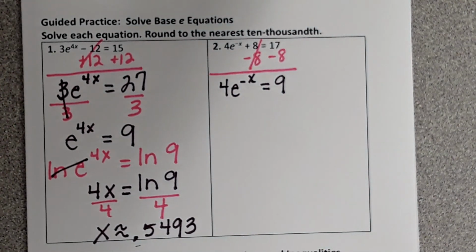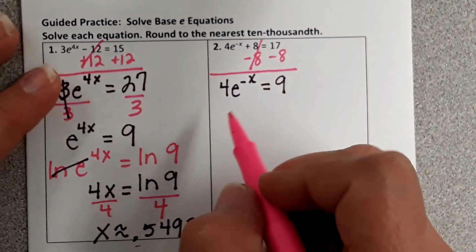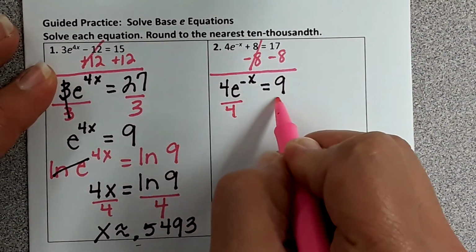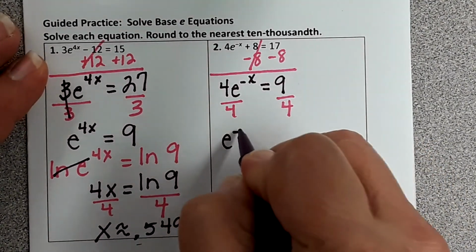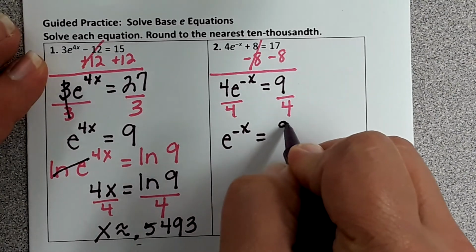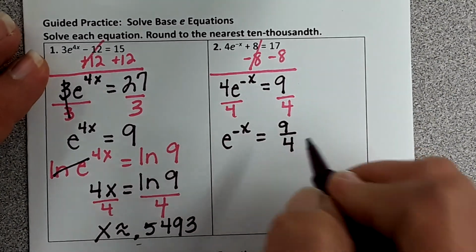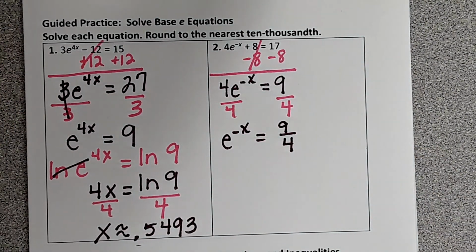Is my e isolated yet? So now what do I need to do? We're going to divide by 4. Okay, is my e isolated? Yes, it is. There's nothing in front of it, nothing being added to it. So how do I get rid of an e now?